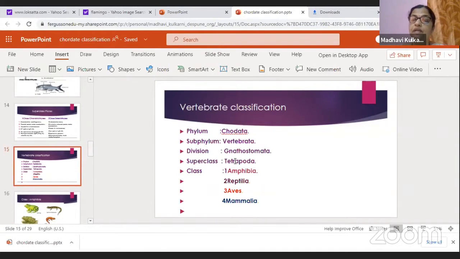They have 4 legs or limbs, and in it we are going to study 4 different classes: class Amphibia, class Reptilia, class Aves, and class Mammalia. Chordata, Vertebrata, Gnathostomata, Tetrapoda, Amphibia, Reptilia, Aves, and Mammalia.